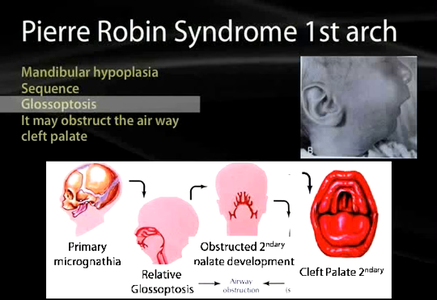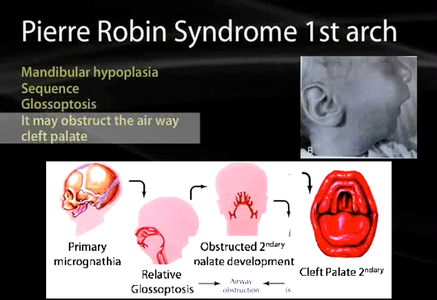Another first arch syndrome is going to be Pierre-Robin syndrome. Pierre-Robin syndrome has a primary mandibular hypoplasia, which actually causes the glossoptosis because the jaw is so small.